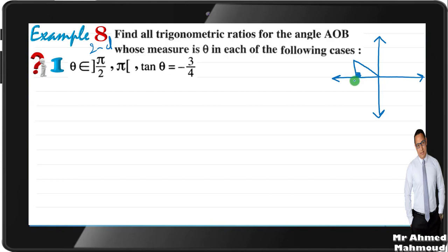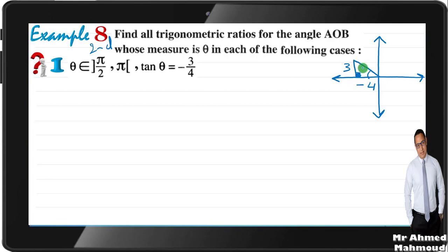Now tan theta, this is theta. Tan theta is opposite over adjacent. Opposite equals 3, adjacent equals negative 4. Why negative 4? Because this is the negative direction of the x-axis, so it must be negative.